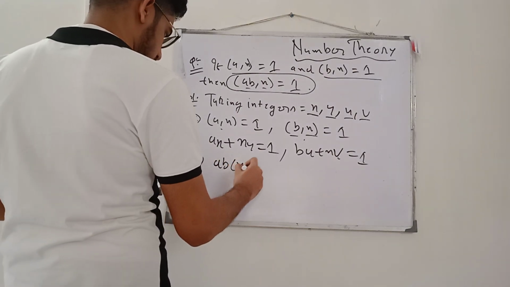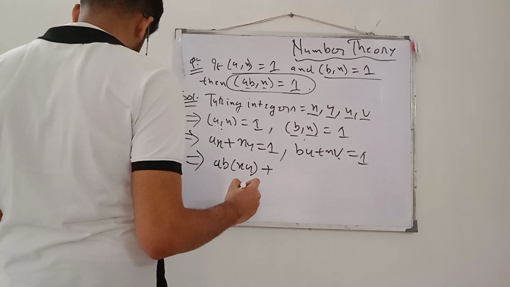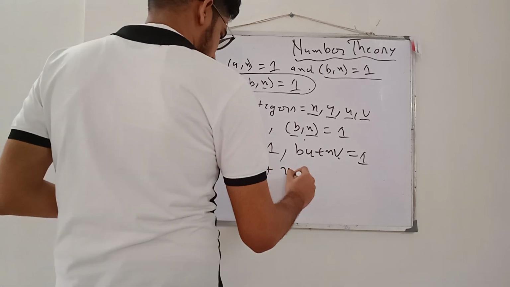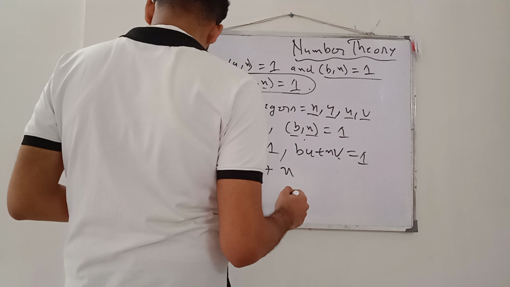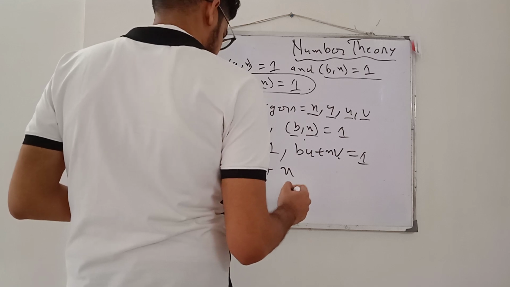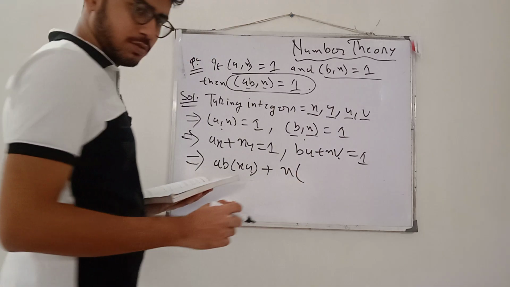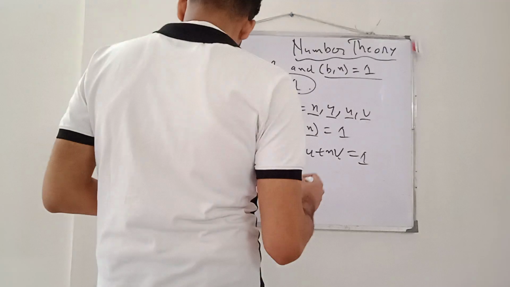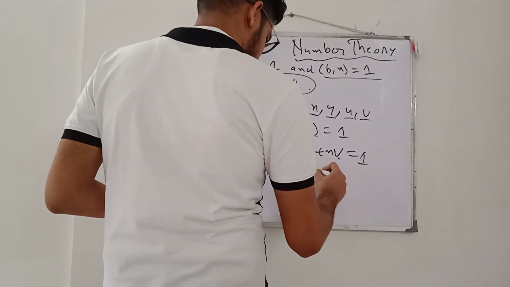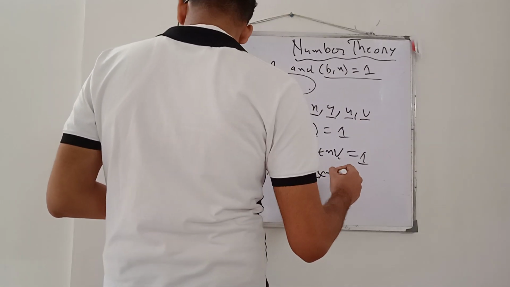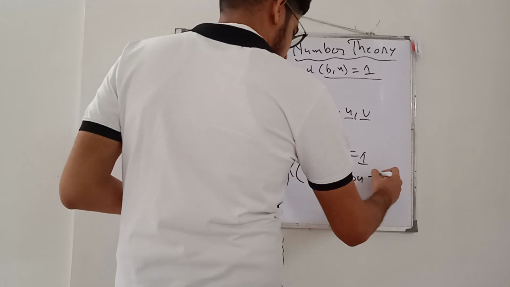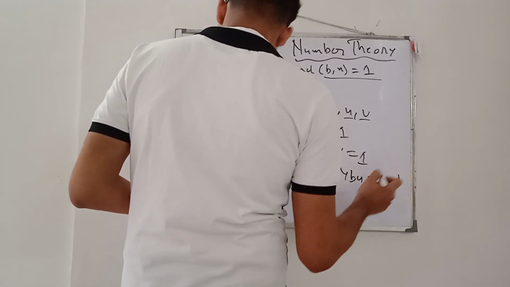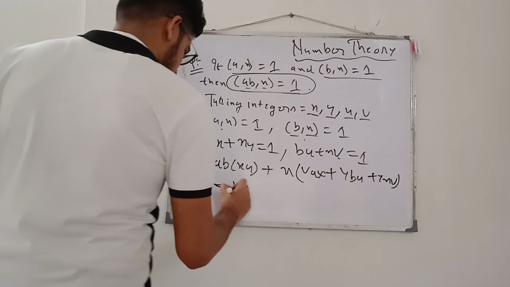ab into xu plus n into vax, ybu, and ynv is equal to 1.